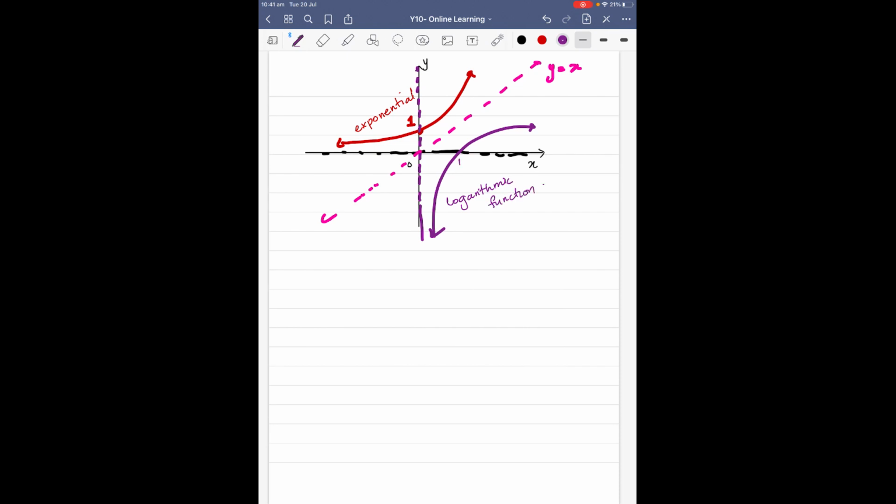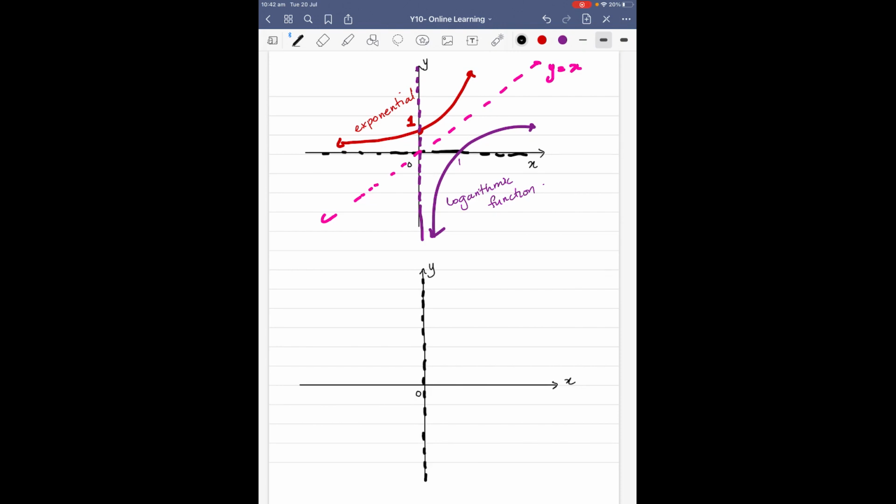Now we want to see how far we bend the logarithmic function. We're going to draw another graph, something that looks like this, with y, x, and 0. We're going to draw our asymptote for the logarithmic function, so it's going to be on the y-axis.